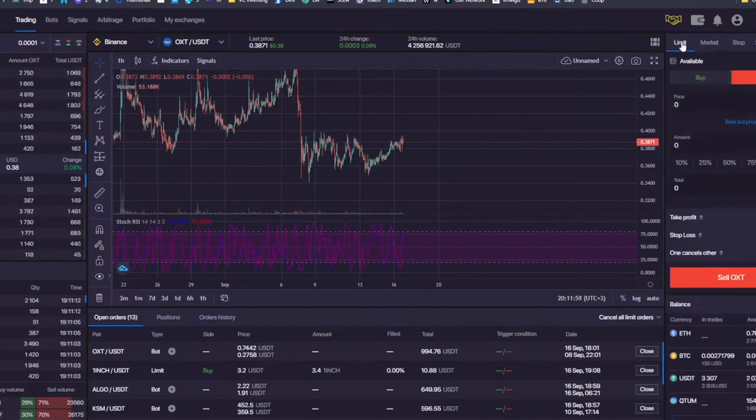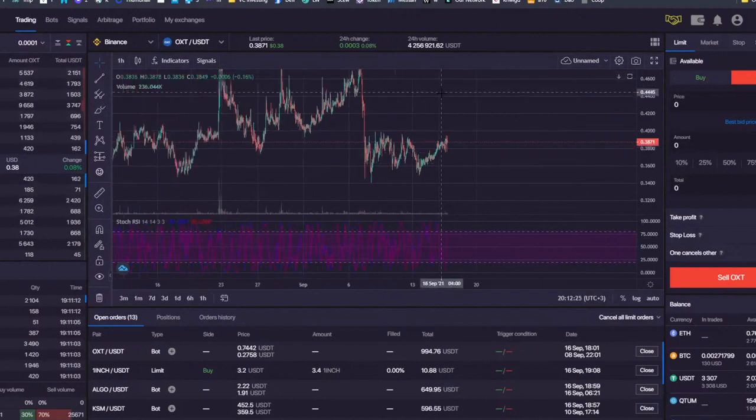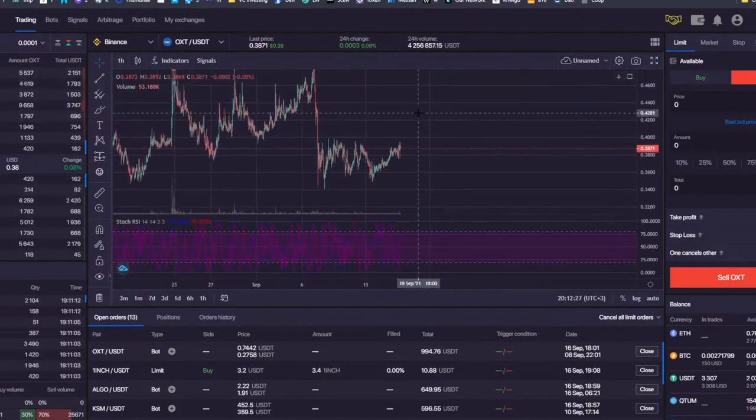Whereas when it comes to a limit buy or limit sell order, you are basically a market maker, and that means your order will be placed in the order book, so it's going to be visible for the rest of the traders or portfolio managers out there on the market. That way people can see the demand and supply, and the market becomes more or less transparent.